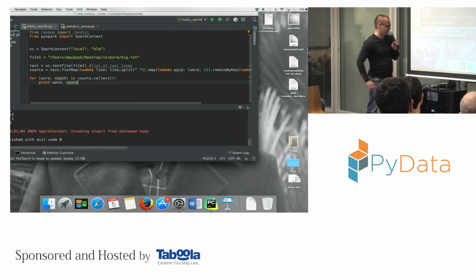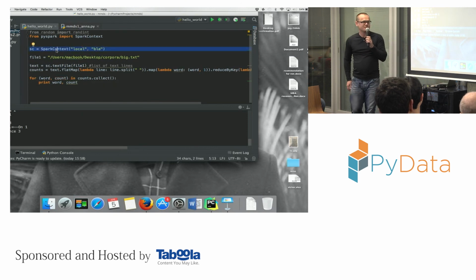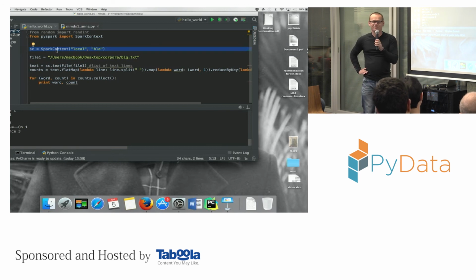We get all the counts for the files, so you see it's really simple and very easy. The only difference is that the Spark context, which distributes the work between the nodes, must be explicitly specified here. And on Databricks, you get the real one, which is not fake news, but a real distributor.